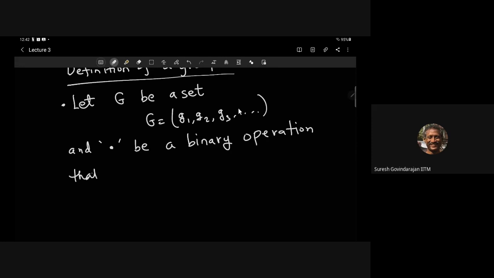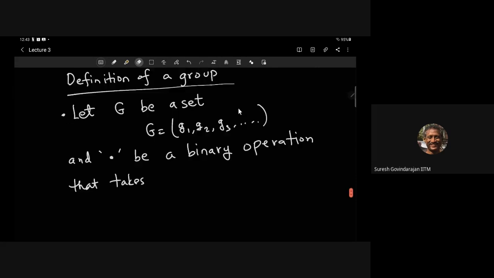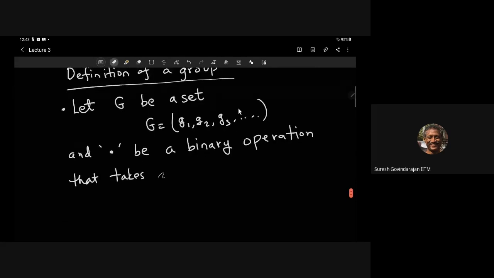That takes any two elements and gives another.